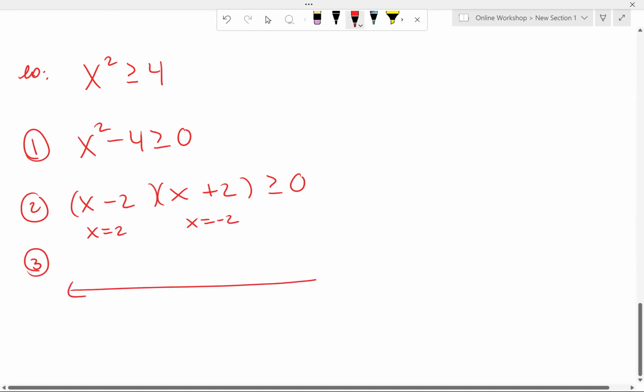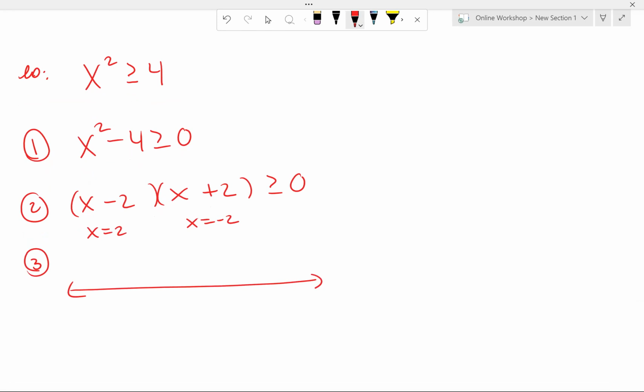You can see that there by sight. Set each of these equal to 0, and solve them. And because of the equal to, when I put these down the number line, they will get closed circles. I'm going to try picking, say, -10 again. Putting that in for x, I'll get a -12 times a -8 is a positive.